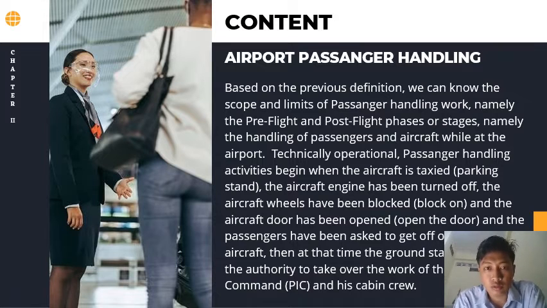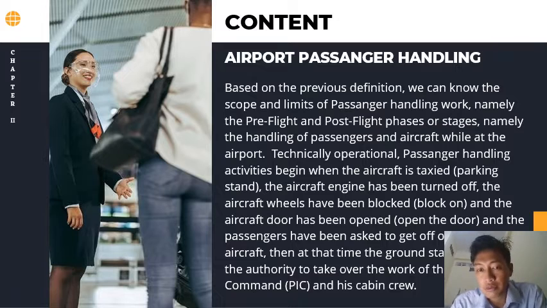Yes, next is airport passenger handling, based on the previous divisions. We can know the scope of the limits of passenger handling work, namely the pre-flight and post-flight phase, or the handling of passengers and aircraft while at the airport.